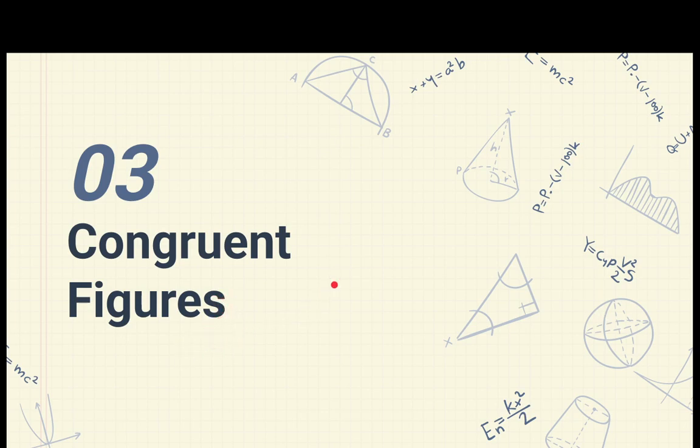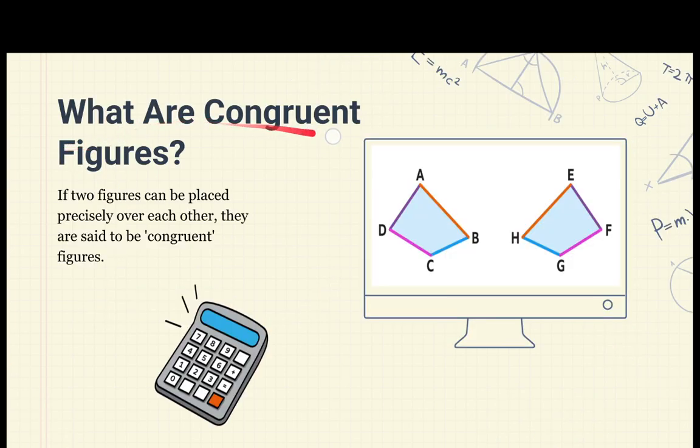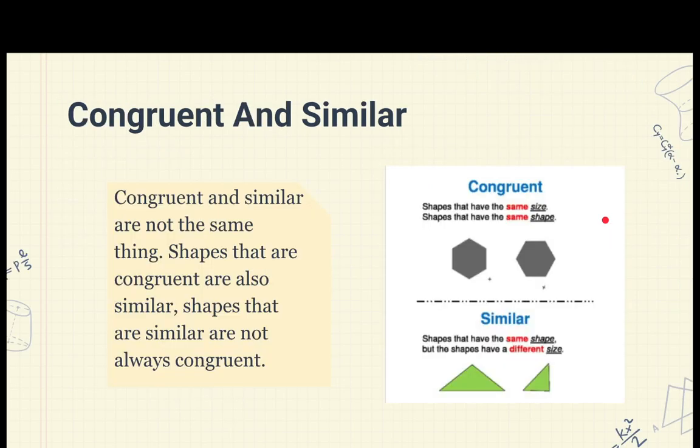Congruent figures. What are congruent figures? If two figures can be placed precisely over each other, they are said to be congruent figures. Example: A, B, C, and D are exactly the same as E, H, G, and F. Now, there are congruent and similar figures. Congruent and similar are not the same thing.